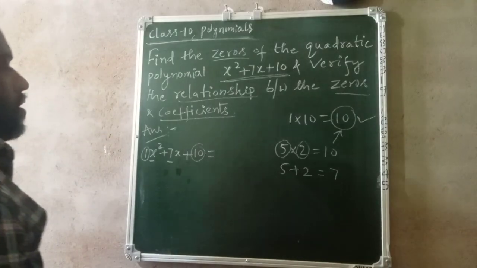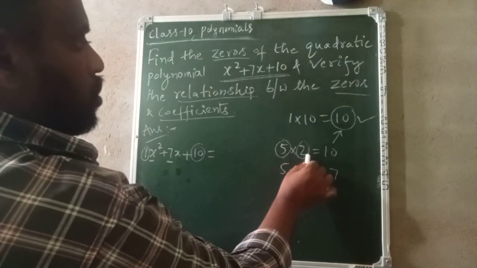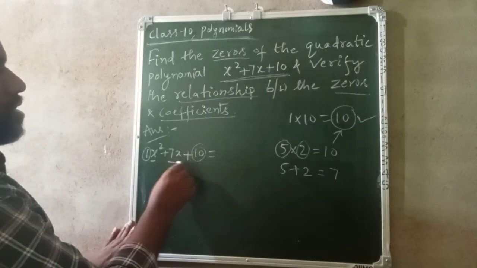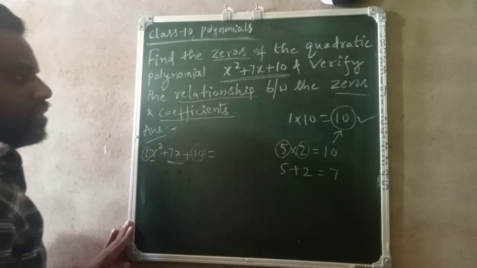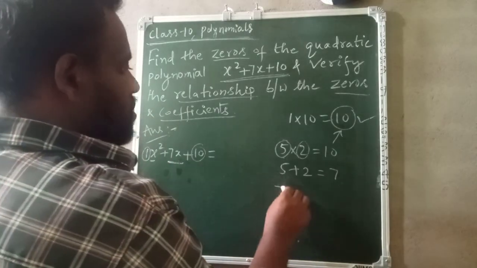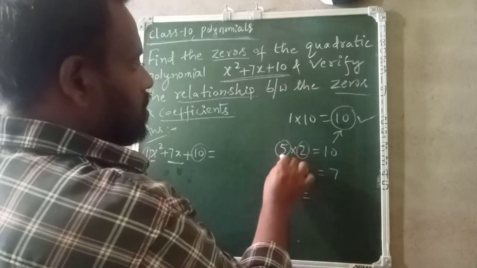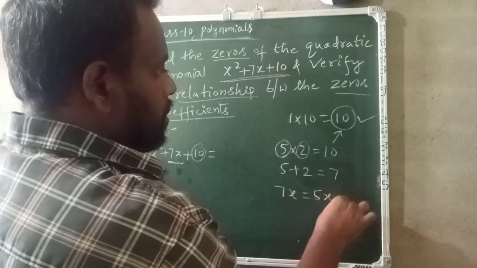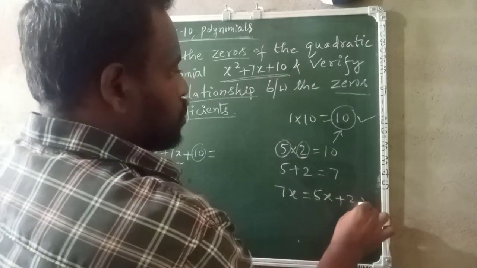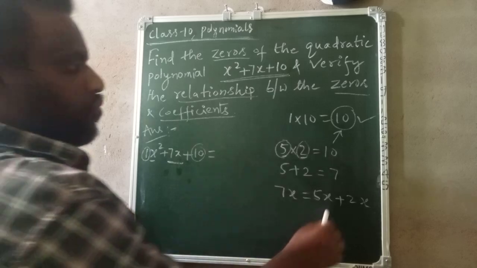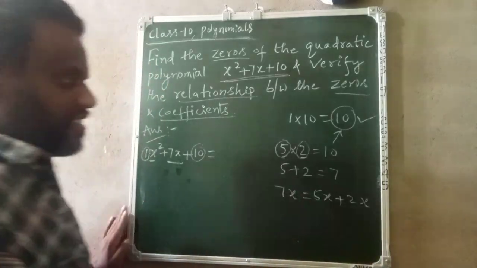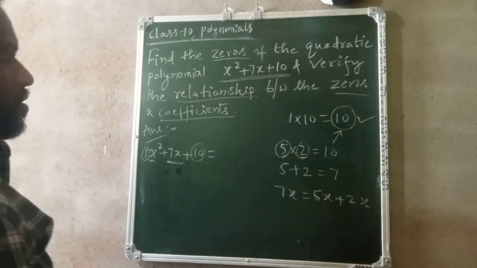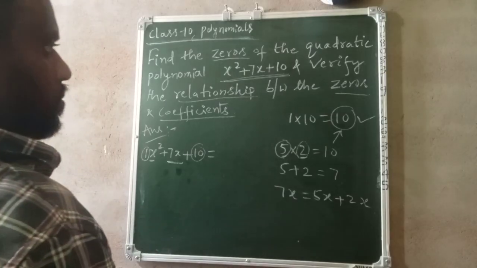Now using these 5 and 2, we have to rewrite this middle term. This is the middle term. How can we write? 7x we can write as 5x plus 2x. So 5x plus 2x is 7x.